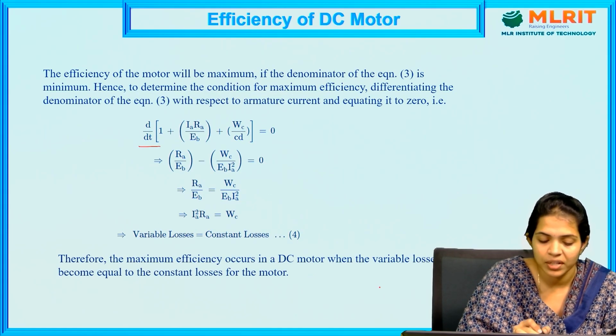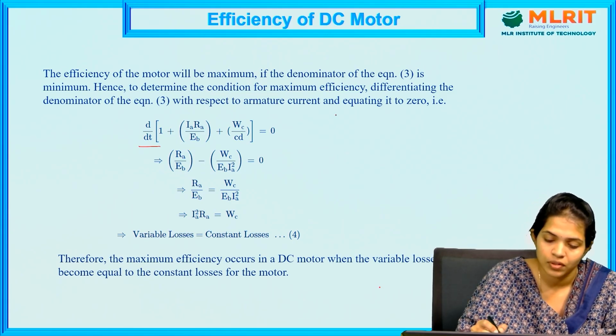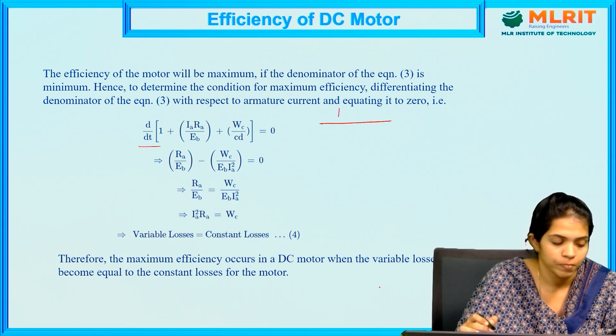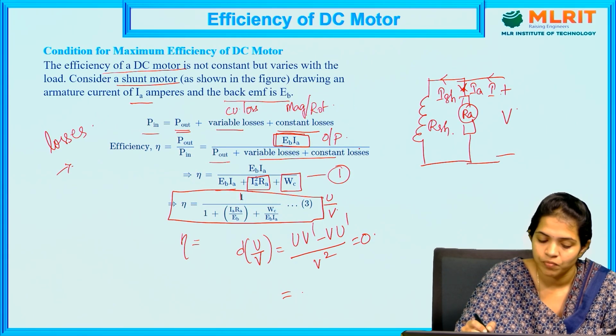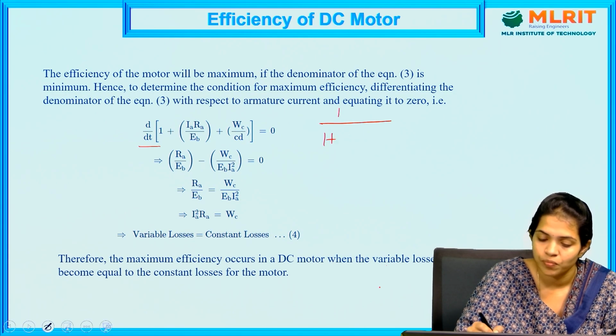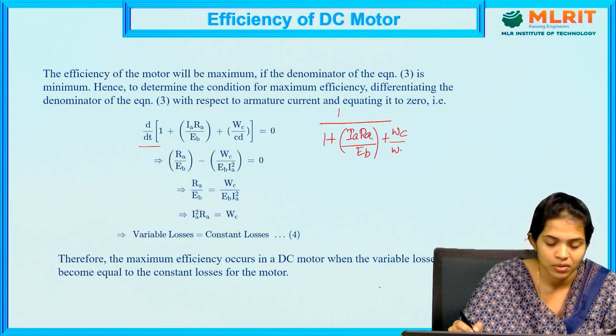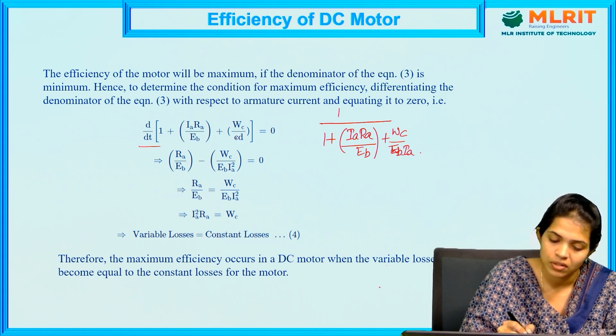So this particular term, the denominator, IA into RA by EB plus the constant losses divided by EB into IA. This is EB into IA.